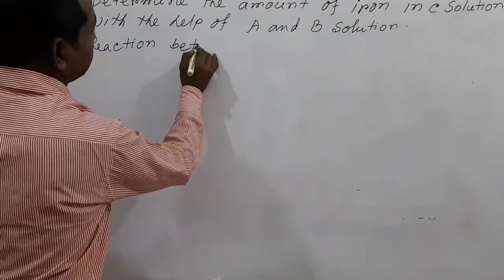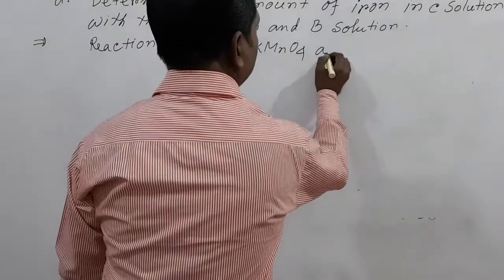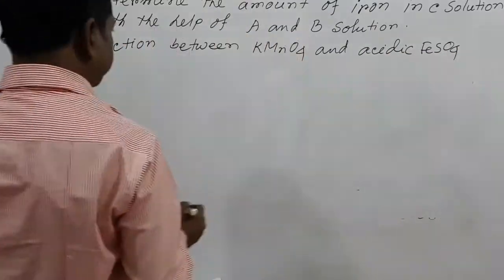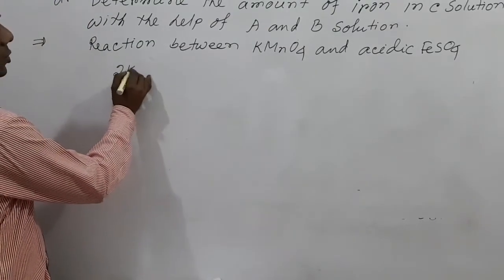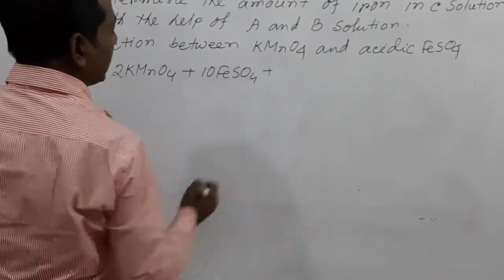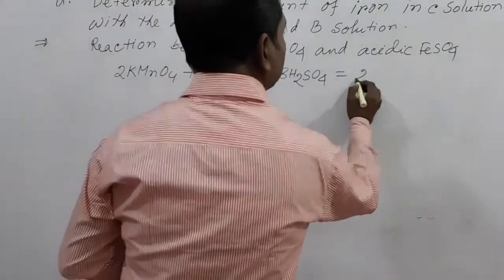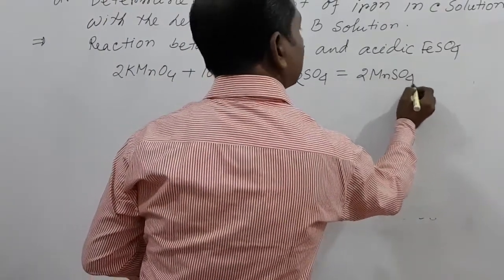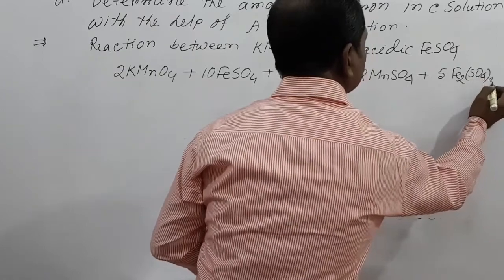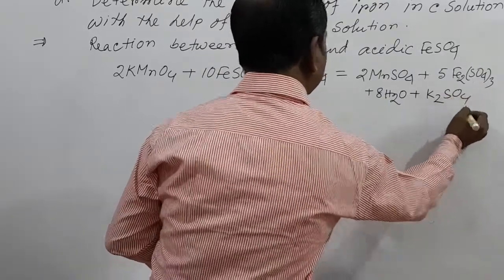We write here 2KMnO4 plus 10FeSO4 plus 8H2SO4, and we get here 2 manganese sulfate plus 5 ferric sulfate plus 8 water plus K2SO4, potassium sulfate.